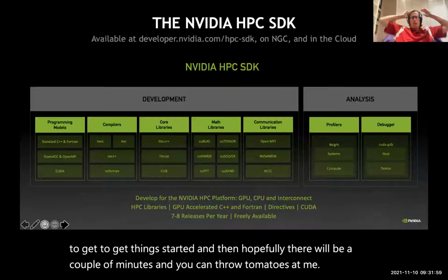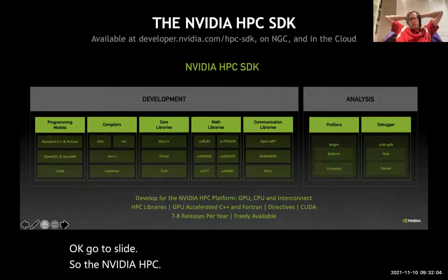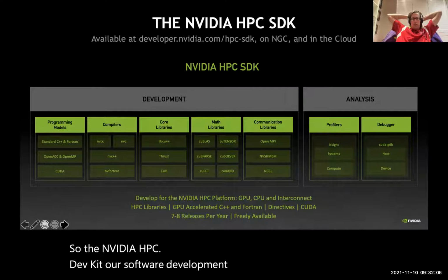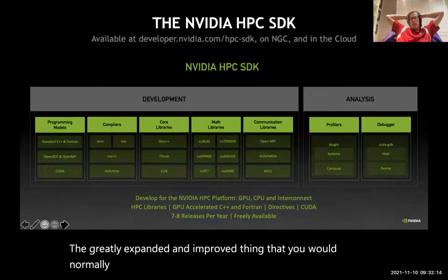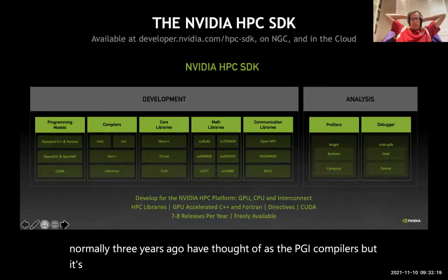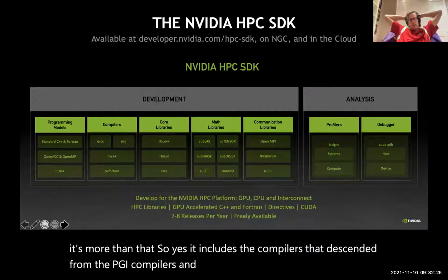Okay, so the NVIDIA HPC dev kit, or software development kit. This is the greatly expanded and improved thing that you would normally, three years ago, have thought of as the PGI compilers, but it's more than that. So yes, it includes the compilers that descended from the PGI compilers, and they have a lot of the same features and then more stuff.